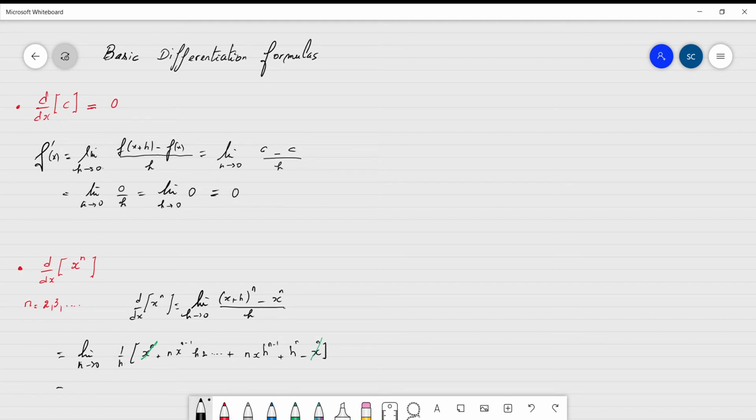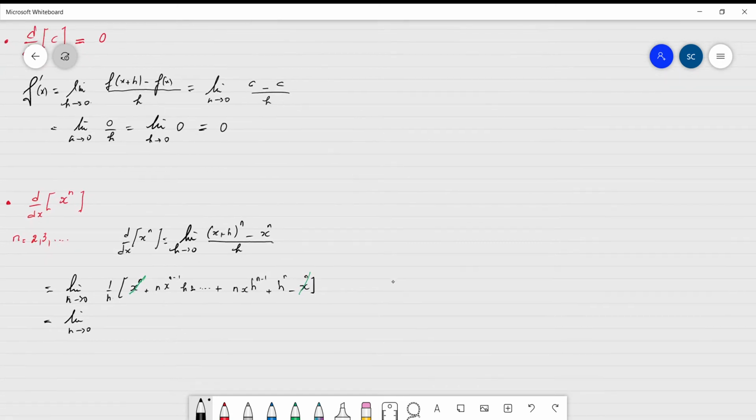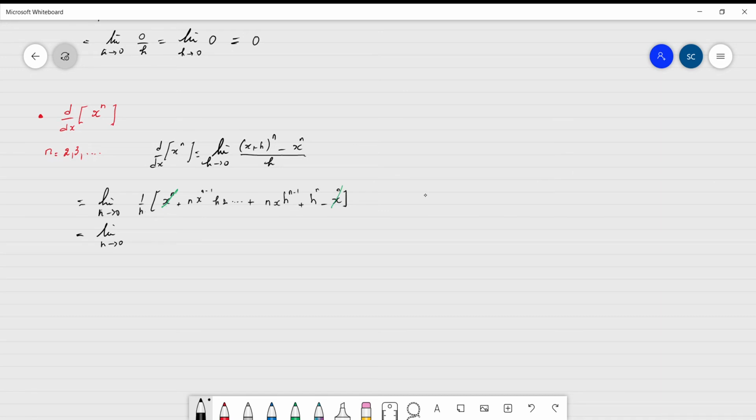We will get then the limit as h approaches 0 of the following expression. By simplifying by h here, we will have n x to the n minus 1. Then we will have higher degrees of h, such as x to the n minus 2 h, and then n minus 1.